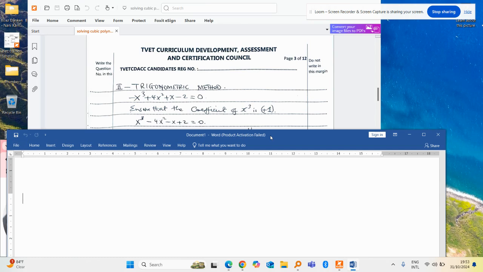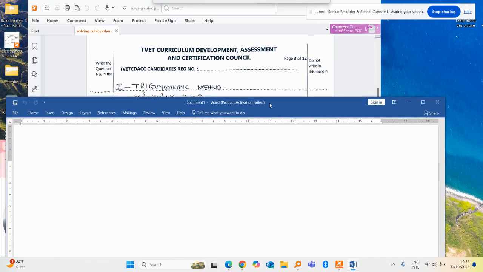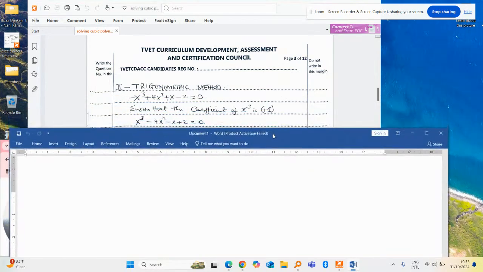If it were any other number, you make sure that you change that number to positive 1 by dividing by that number. So when you divide this equation by negative 1, the whole of it remains as it were, but the signs of its coefficients change as shown.